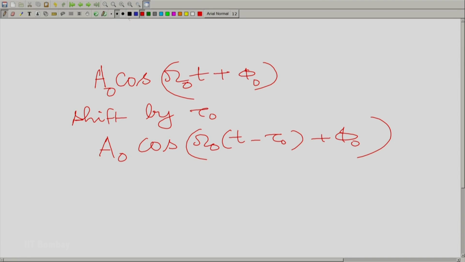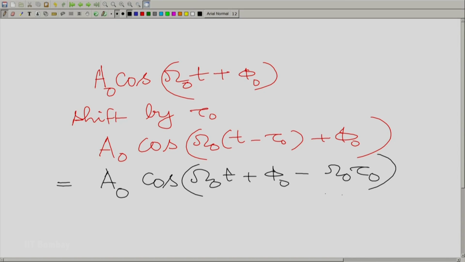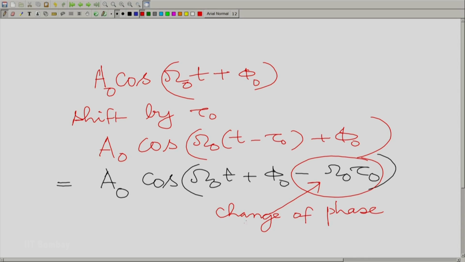And now we can identify the change of phase here. So, I rewrite this as A naught cos omega naught t plus phi naught minus omega naught tau naught, and pull out this part as the change of phase. The change of phase is minus omega naught tau naught.